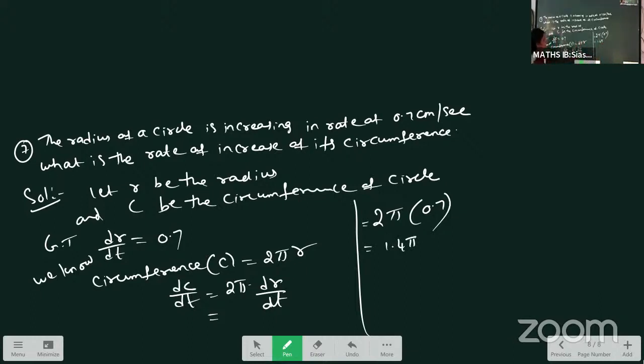So what are the units for circumference? It is centimeter per second. So like this we have to find it out.